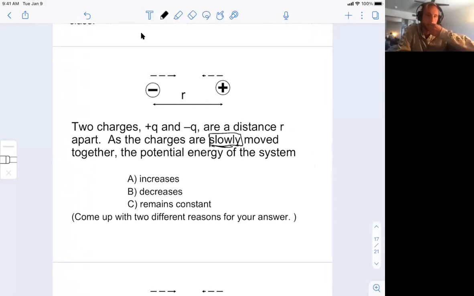Slowly meaning that you're not simply letting go and letting them run toward each other. They're moving with a constant velocity. Yes, there are two different reasons you can come up with to get the answer. So let's see what kind of reasons we can gather from you guys. Again, just a couple minutes on this question.